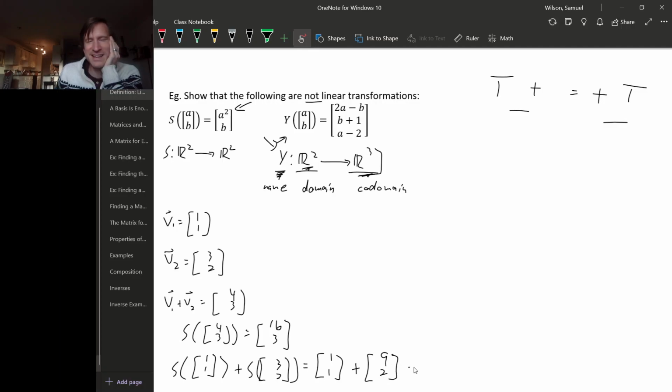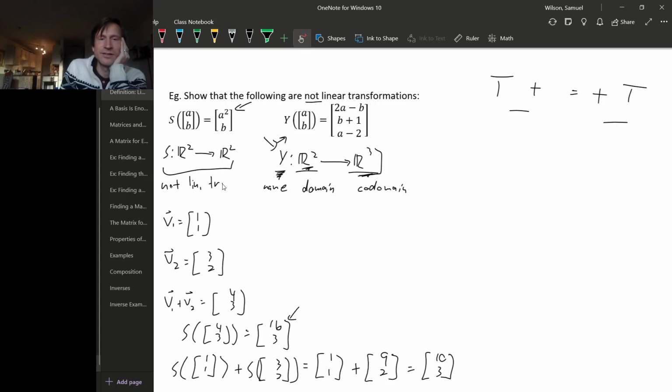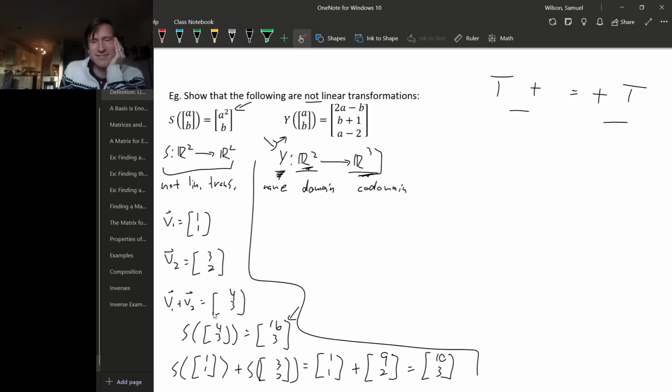But when we add these together, we get 10, 3. And that's not the same thing as 16, 3. So S is not a linear transformation because it doesn't have this sum property that linear transformations are supposed to have.